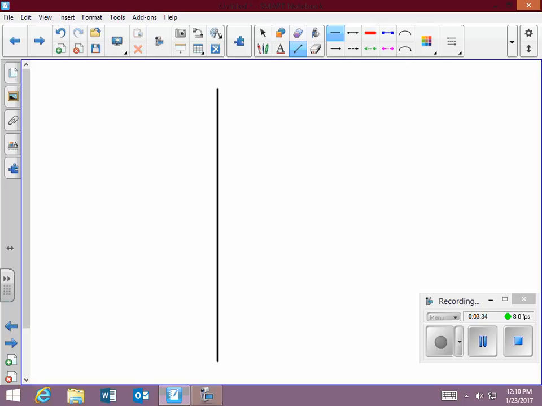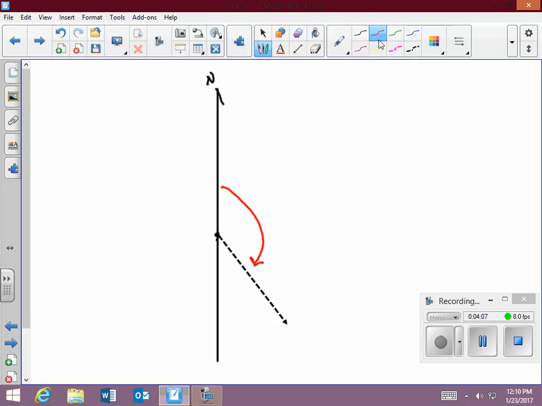So this is north, and the azimuth is always measured from north, and it goes this direction. Whatever this angle is right here, this is going to be the azimuth.